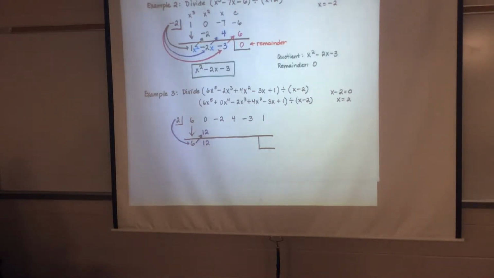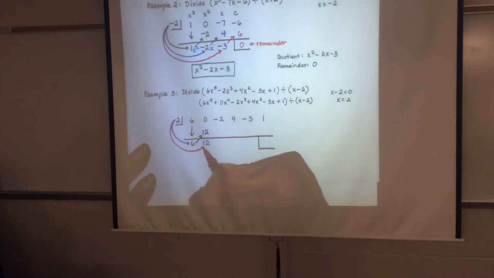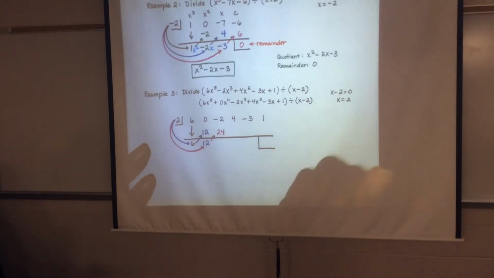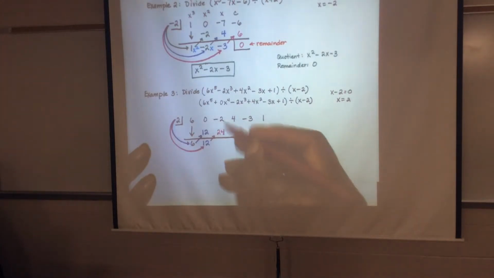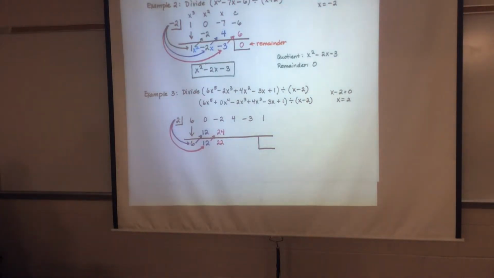And then the next step would be to repeat this series of multiplications and additions here. I'm going to multiply the 2 times this 12 to get the next number. 2 times 12 then will be 24. Add negative 2 and 24 together, you're going to get 22.